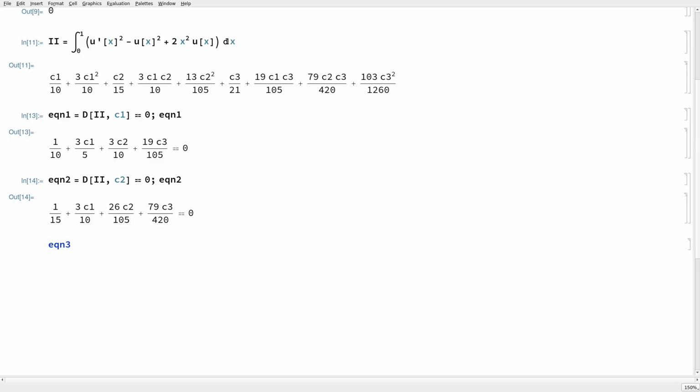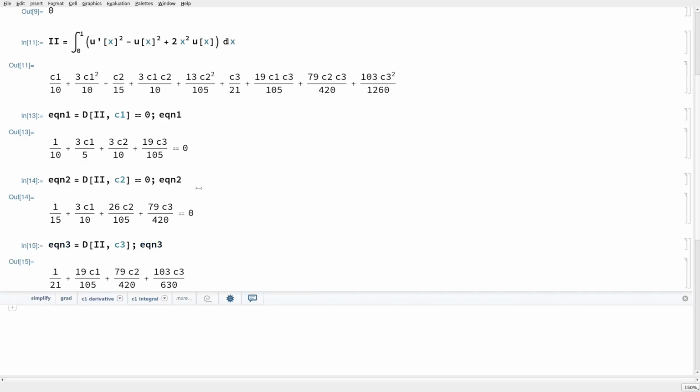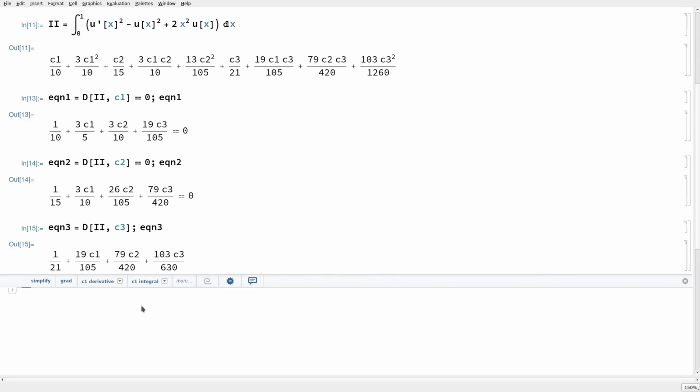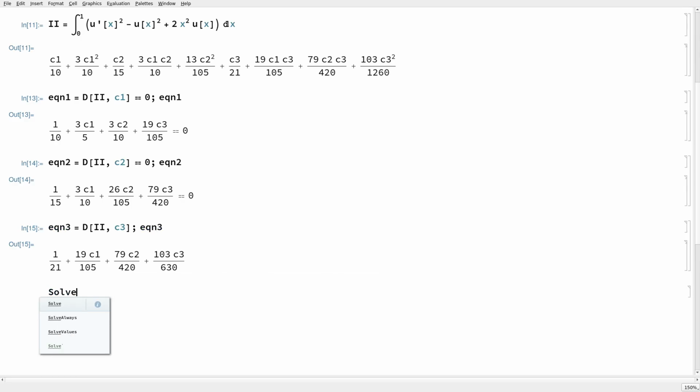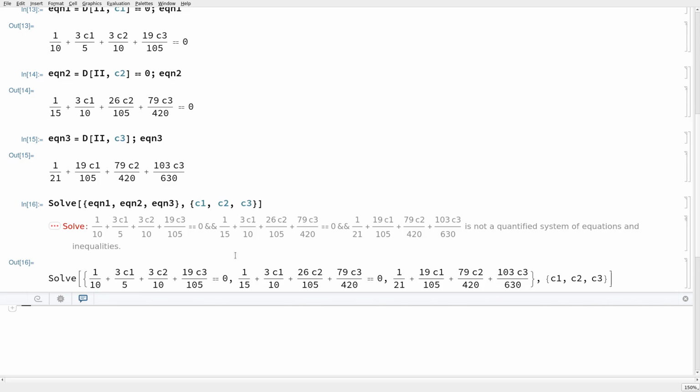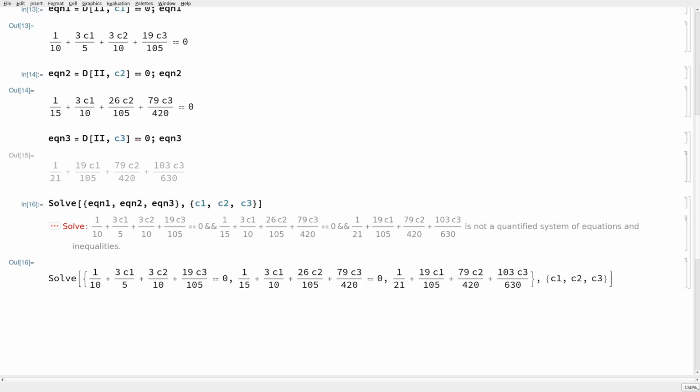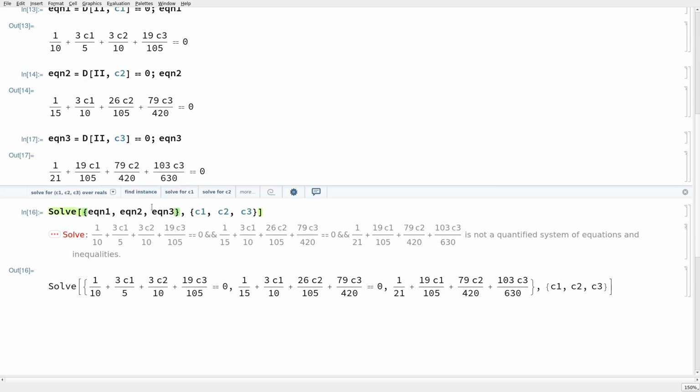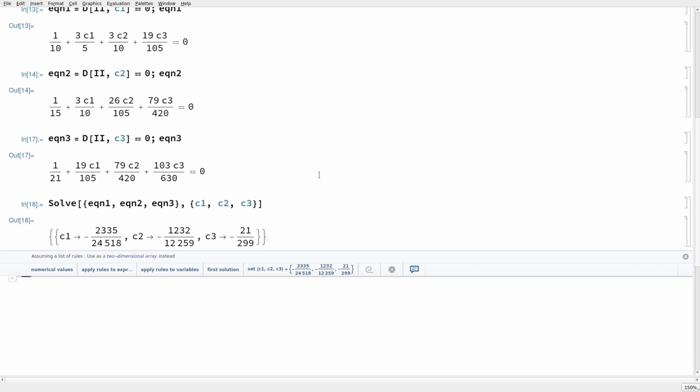And the derivative of II with respect to C3. That's the third equation. All right, so I have 3 linear equations, and I can solve them. So solve equation 1, equation 2, equation 3 for C1, C2, C3. Oh, missed my equal to 0 here. There we go. And that is the answer.